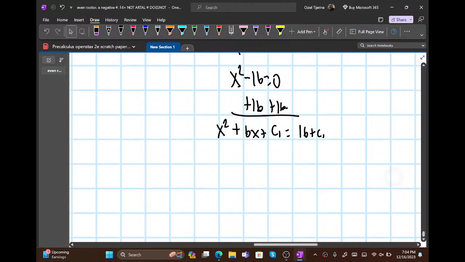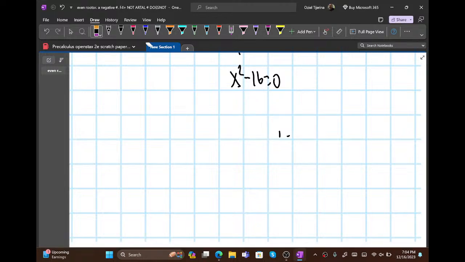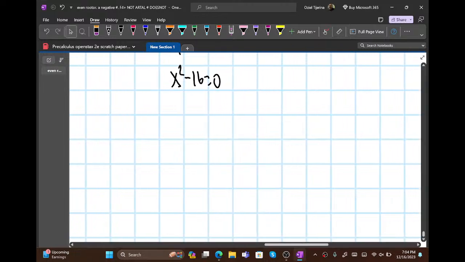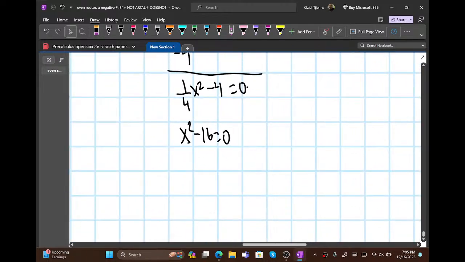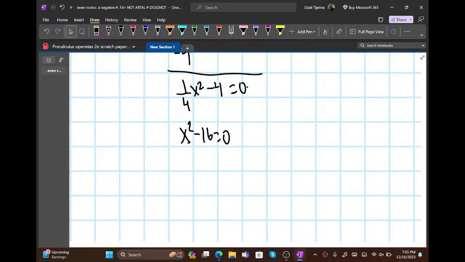But the thing is, with the square, it's x plus 4 times x minus 4. If I factor x squared minus 16 equals 0, it's going to be x plus 4 and x minus 4.